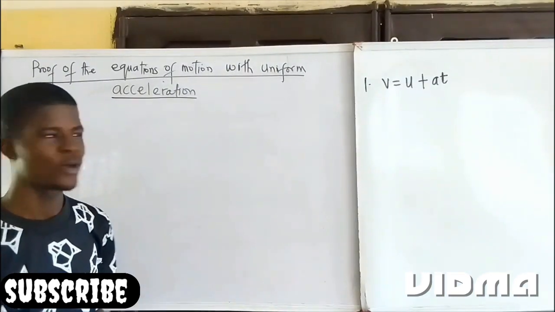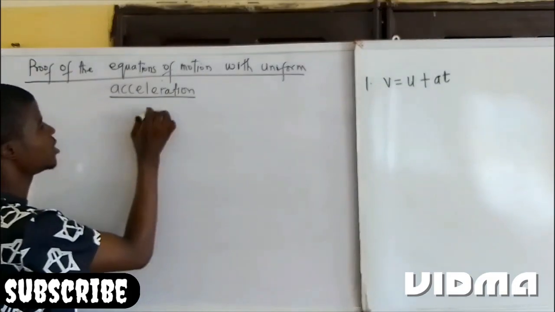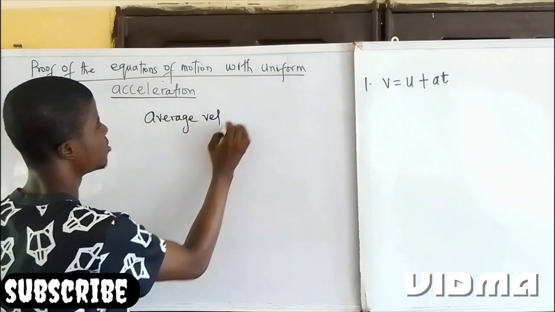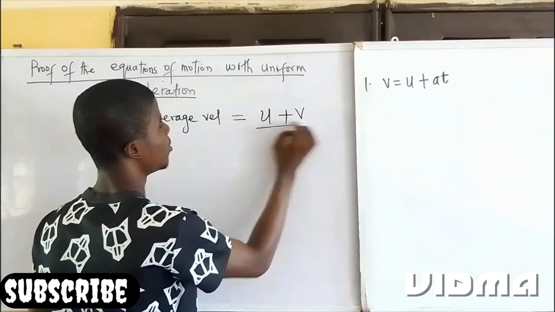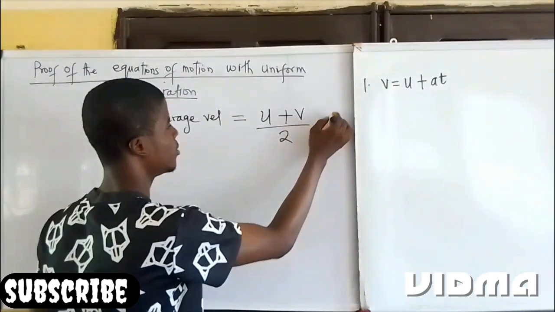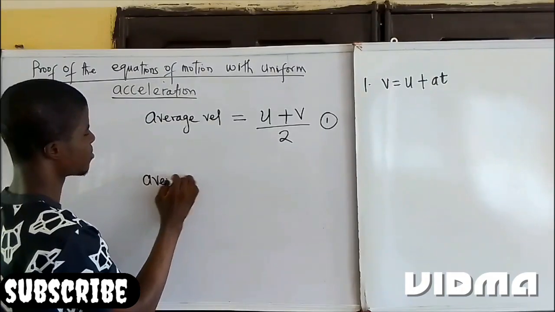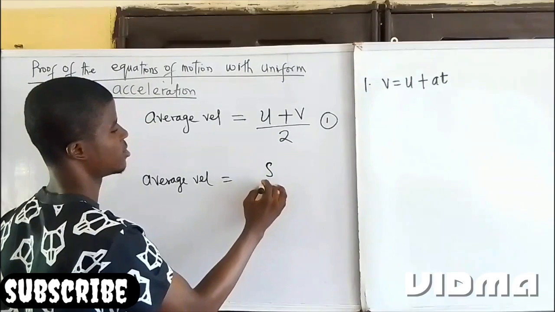Alright, let's prove the second formula. Average velocity is the sum of the velocities all over 2. This is 1. And also, average velocity is distance over time.